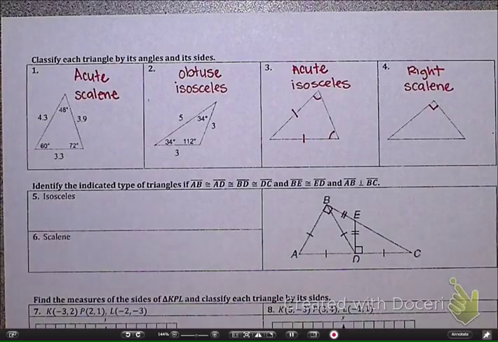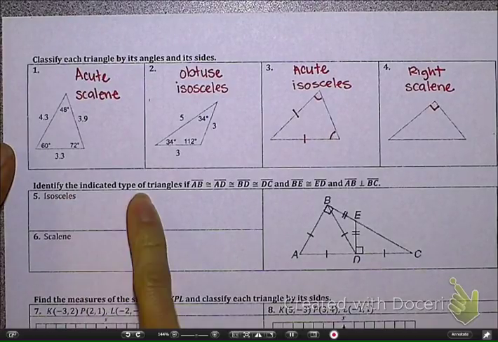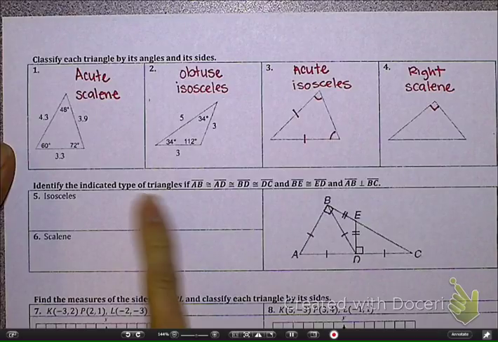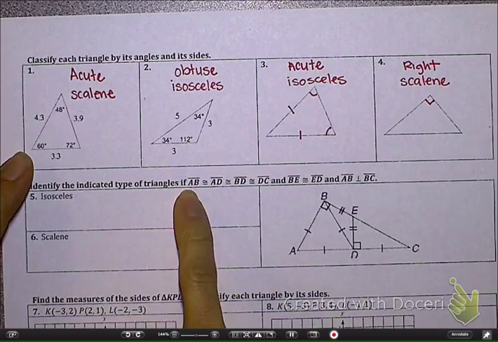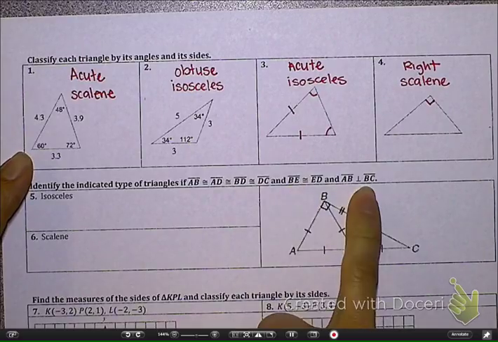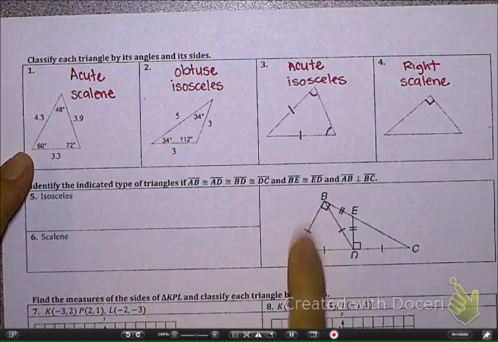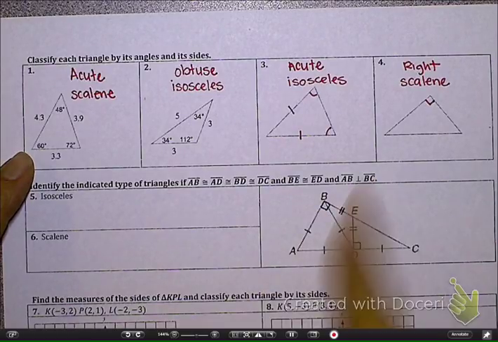All right. Now, on this next part, it says identify the indicated type of triangles if these segments are congruent, and these segments are congruent, and these two are perpendicular, creating a right angle. Okay, so all these things here are marked on your paper for you.